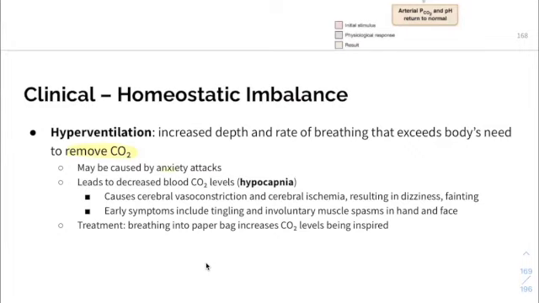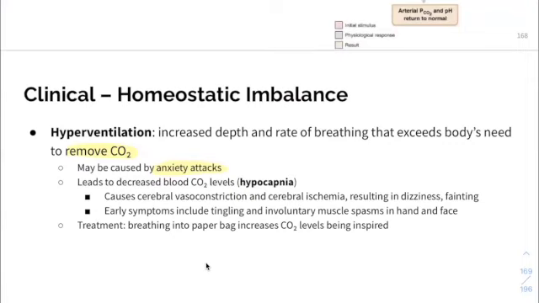If you've ever seen somebody have an anxiety attack, sometimes an anxiety attack can lead to this hyperventilation. But as we hyperventilate, you start to remove too much carbon dioxide from the blood.